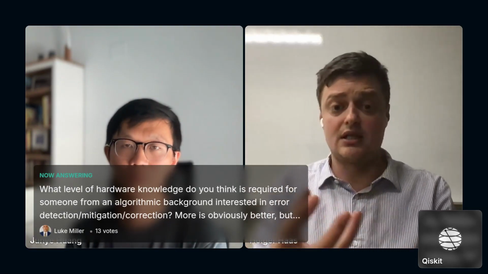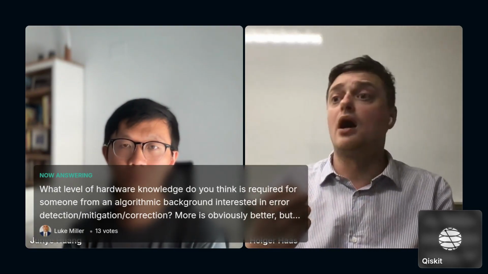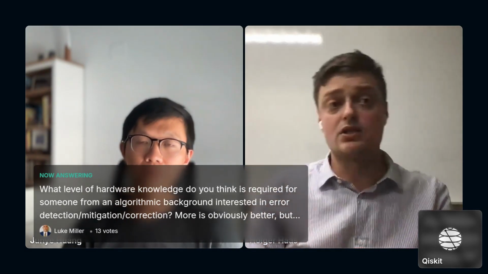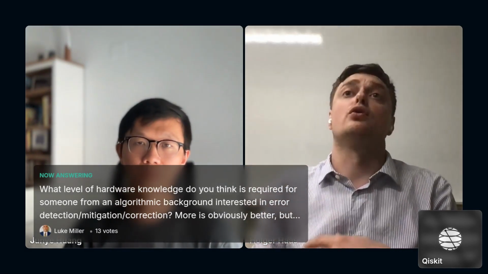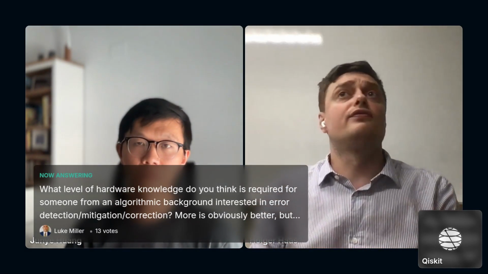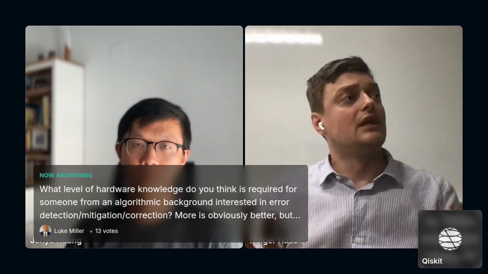Various twirling techniques, of course, for both gates and readouts.